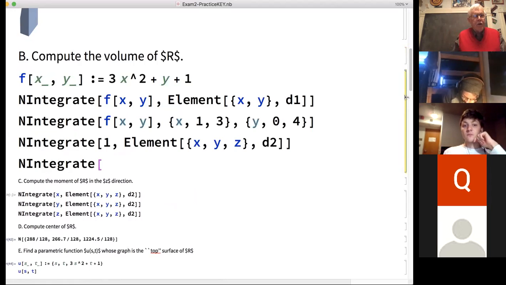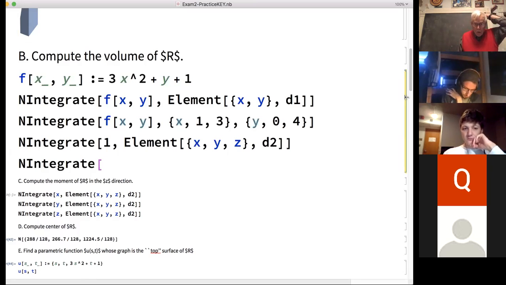Here I defined the function f of x and y. And so we can integrate this function over the base, which is D1, and that should give the volume under the graph.